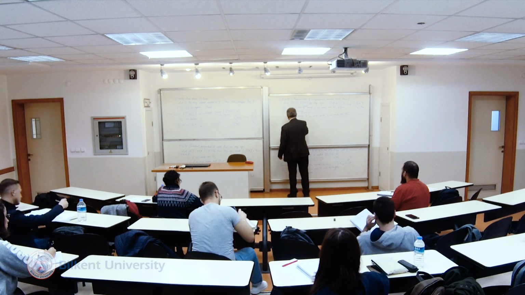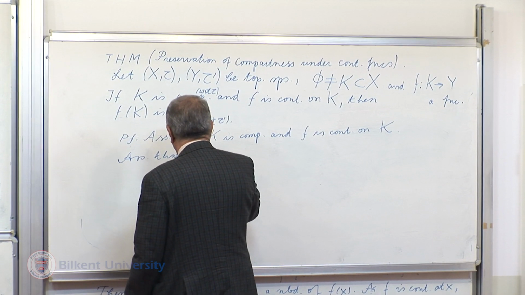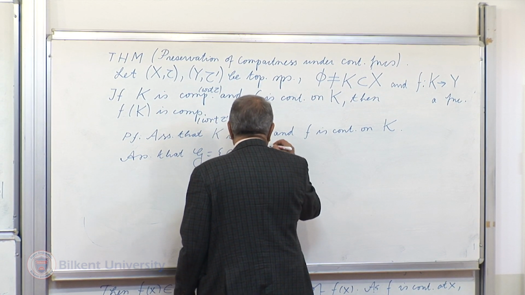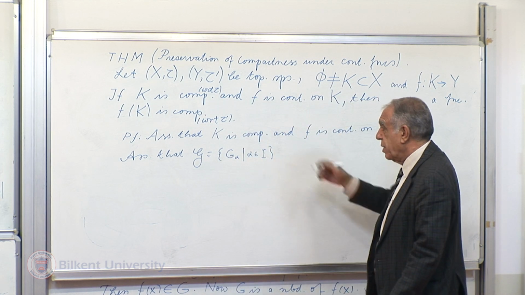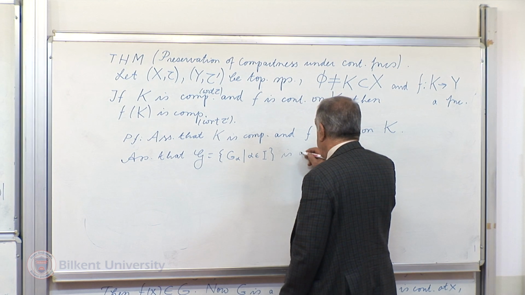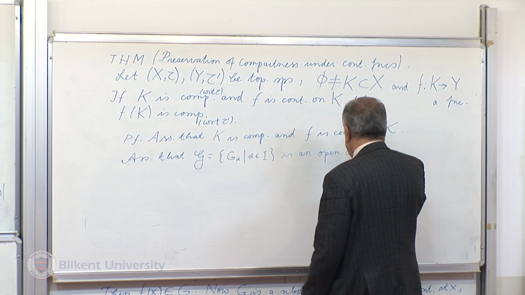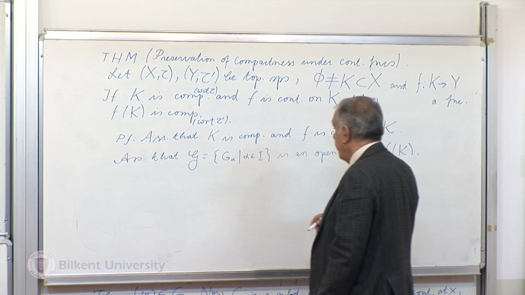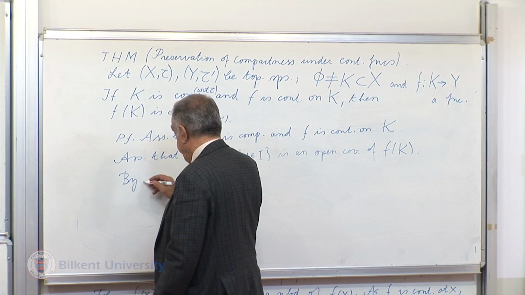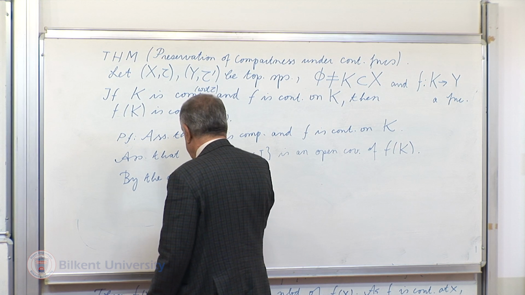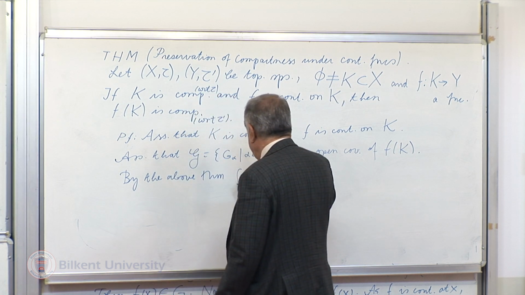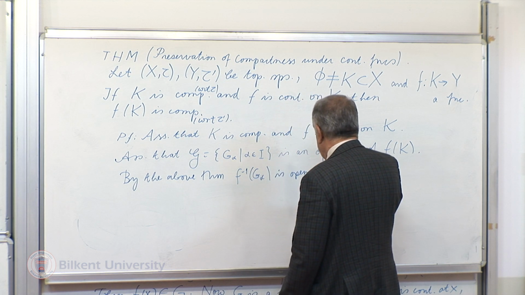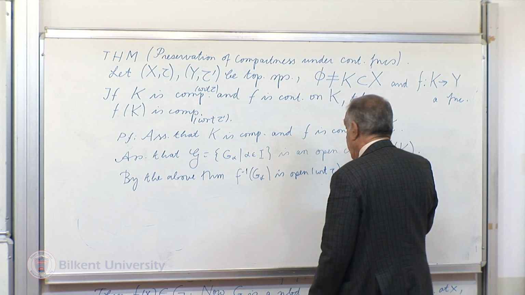Assume that script G, G alpha, alpha in I, where I is a non-empty index set, that's our convention, I will not write that, is an open covering of f of K. By the above theorem, f inverse G alpha is open with respect to tau for each alpha.